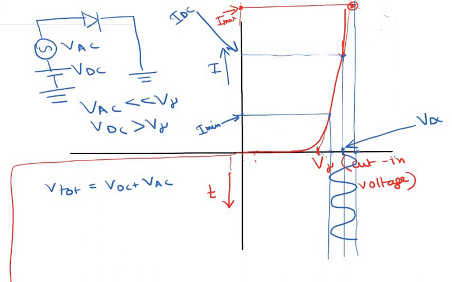Again I repeat that this voltage here is the maximum voltage, which is VDC plus the amplitude VAC, and this voltage over here corresponds to the minimum voltage, which is VDC minus the amplitude VAC. So the current varies in this fashion now.